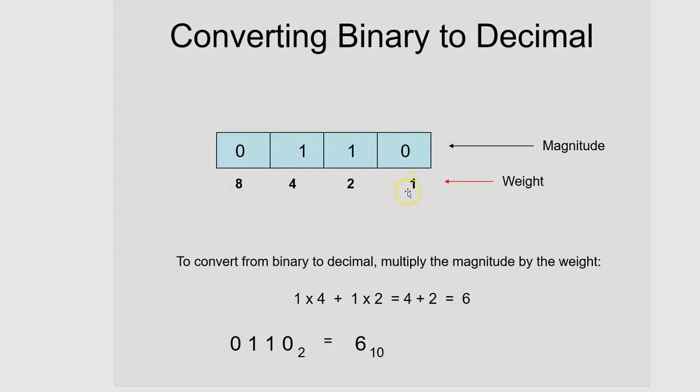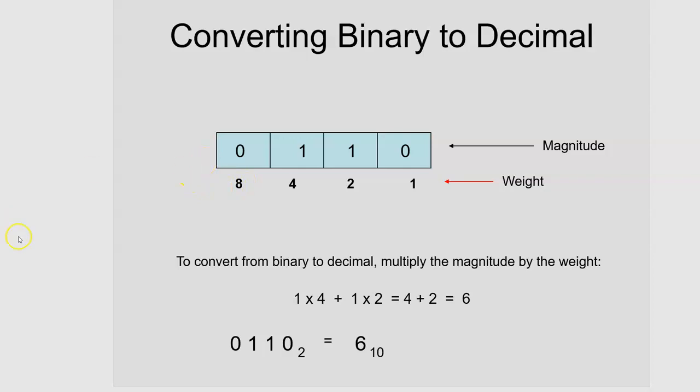If you remember in the previous slide, if we take the base to the bit position, this will be 2 to the 0, this will be 2 to the first, 2 to the second, 2 to the third. That gives us the weight of each position. So 2 to the 0 is 1, 2 to the 1 is 2, 2 squared is 4, 2 to the third is 8, 2 to the fourth is 16.